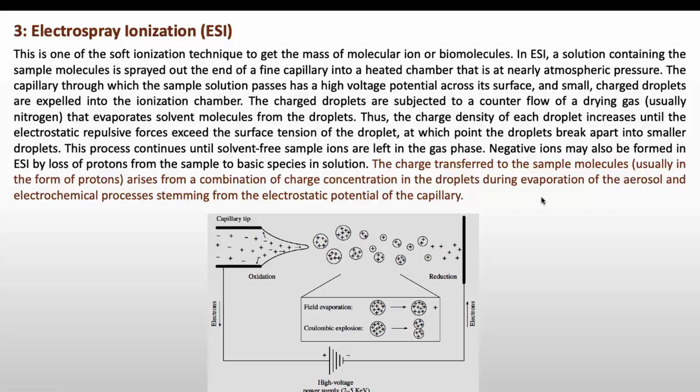The charge transfer of the sample molecule arises from a combination of charge concentration in the droplets during evaporation of the aerosol, or cloudy form, and the electrochemical process stemming from the electrostatic potential of the capillary here. So this is the electrospray ionization method to convert the sample into ions, and this is a very soft technique.